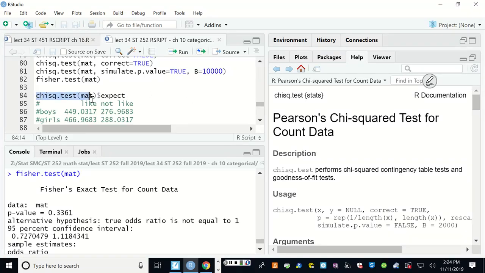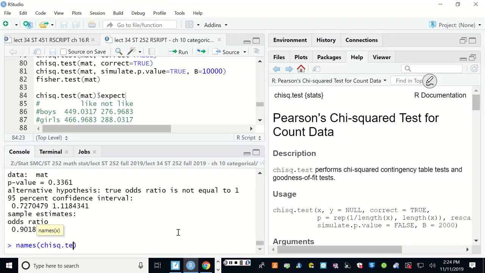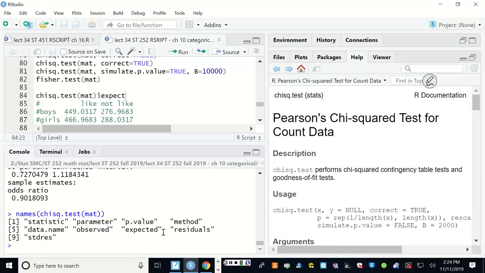Something else that this chi-square test does: if you look at the names of the chi-square test output, there are a number of things that get calculated and stored in that object. What you see by default is its default way of printing, so that you can see what generally people want. But that other stuff is there. It has the observed matrix. It has the expected counts.